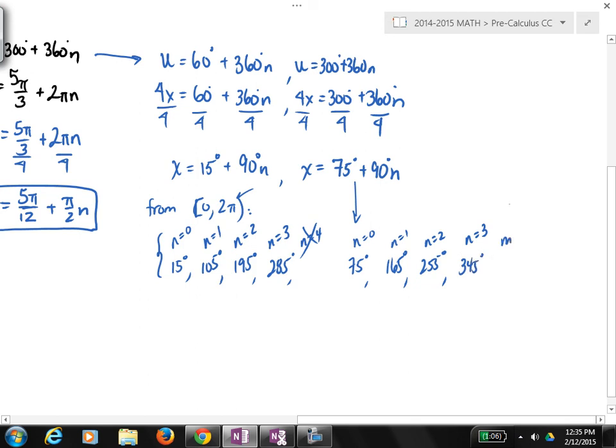And the same thing as before, if I let n equal 4, I go beyond the 360, so I would stop there. And again, all these answers between 0 and 2 pi would actually work for x.